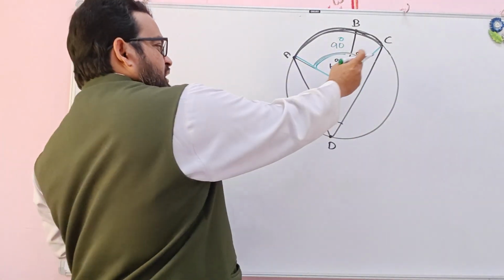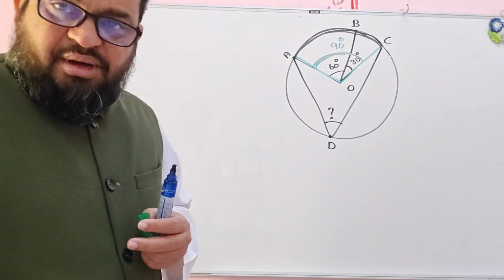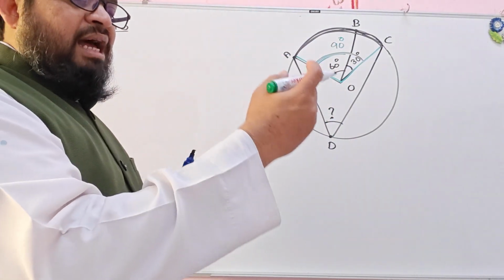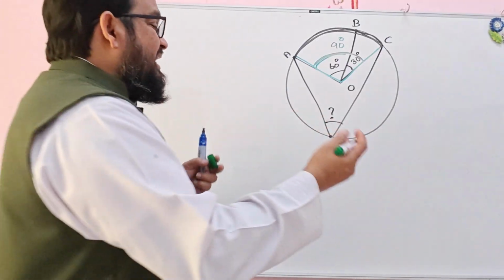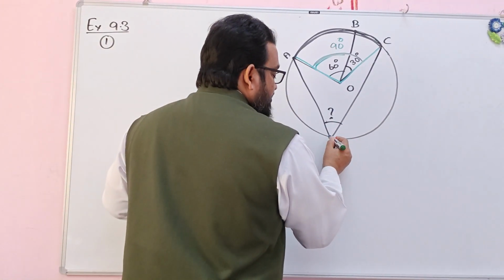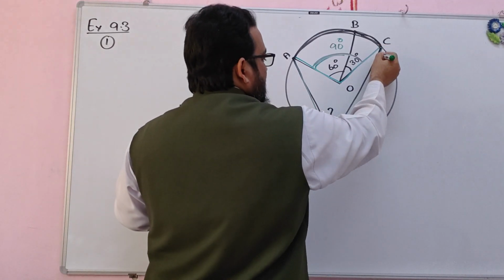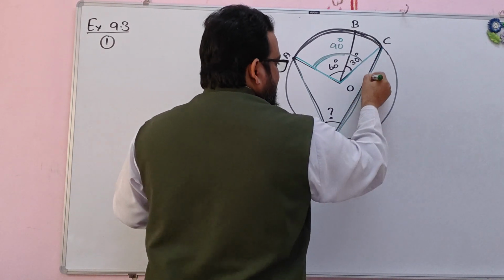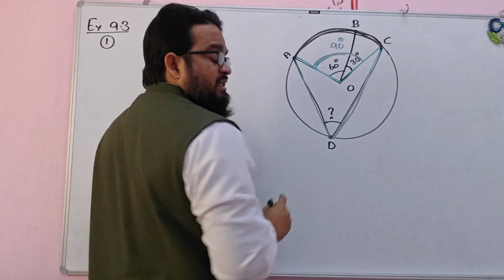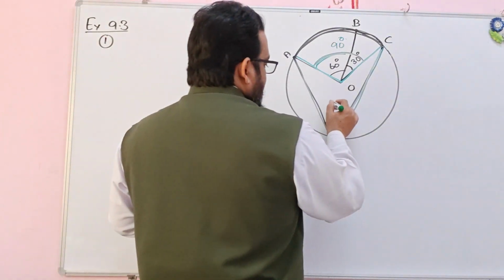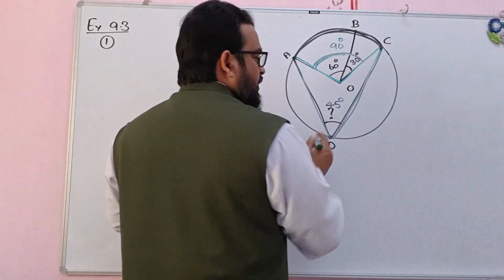The angle subtended at the center is double the angle subtended at any other point on the remaining part of the circle. So this 90 degrees is double. What is half of 90 degrees? 45 degrees. Therefore this angle is 45 degrees.